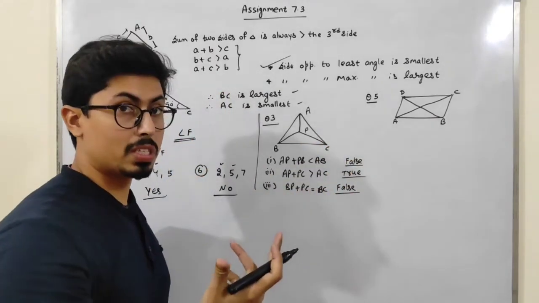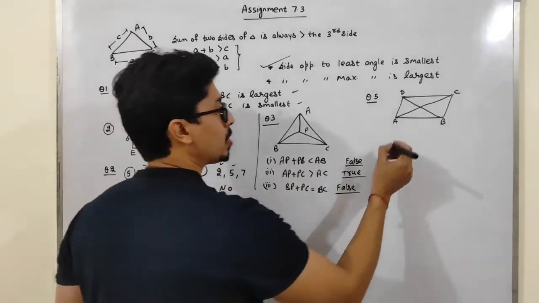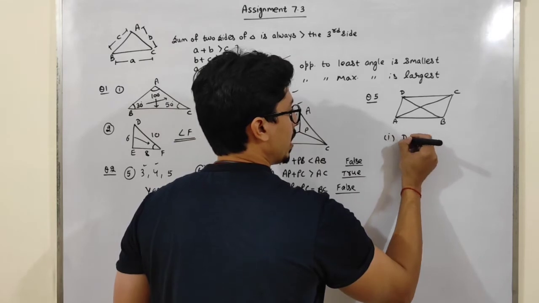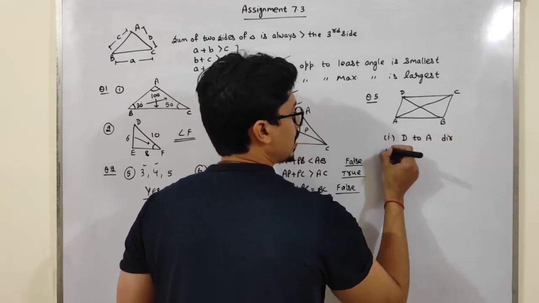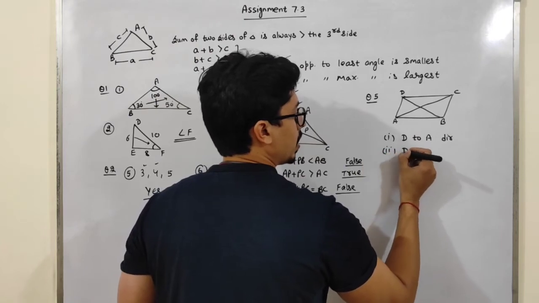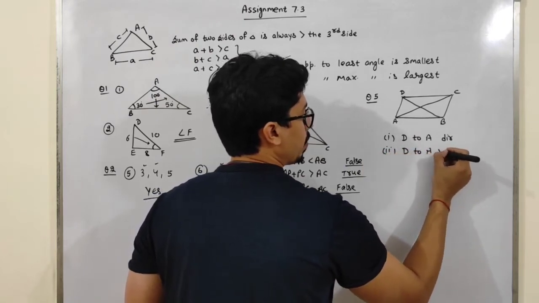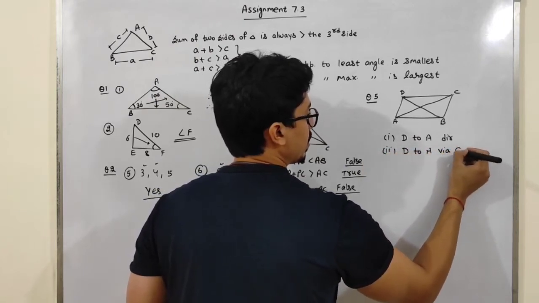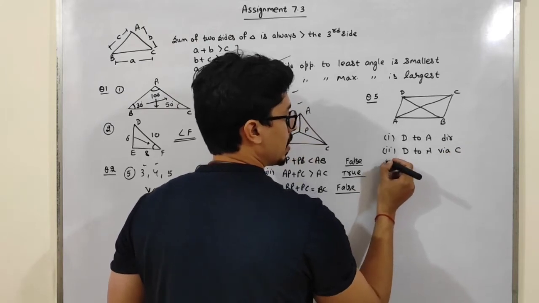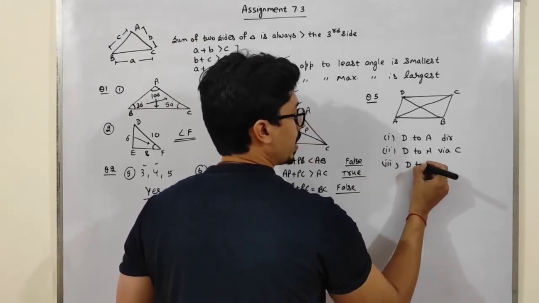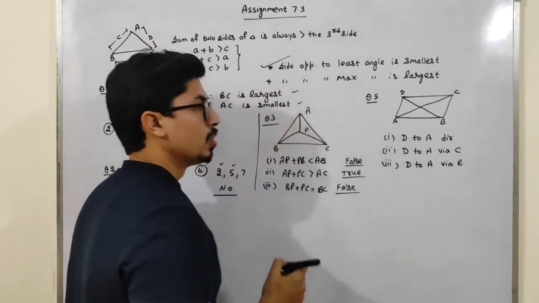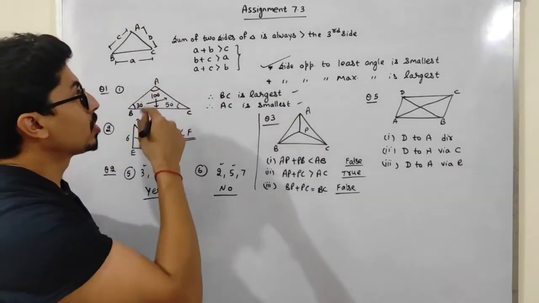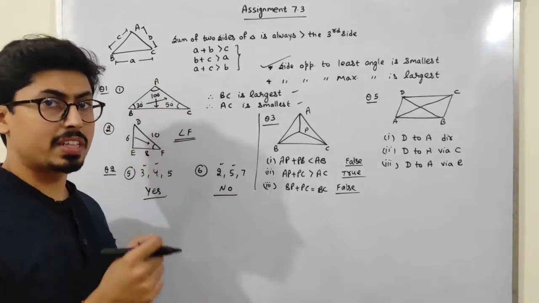Also, we know this property that, see, first path is D to A directly. Second, D to A via C. Third is D to A via B. Students, we know the property that the sum of two sides of a triangle is greater than the third side.